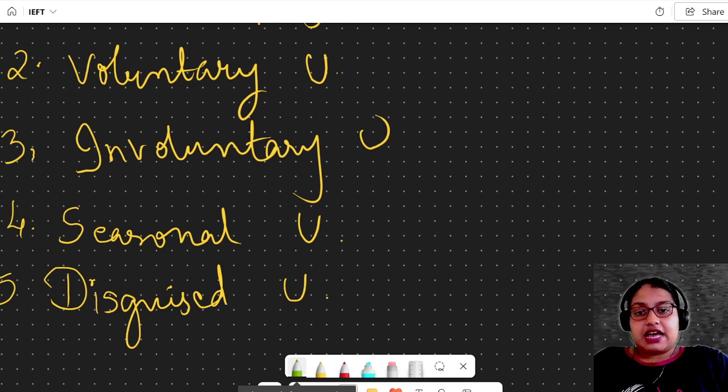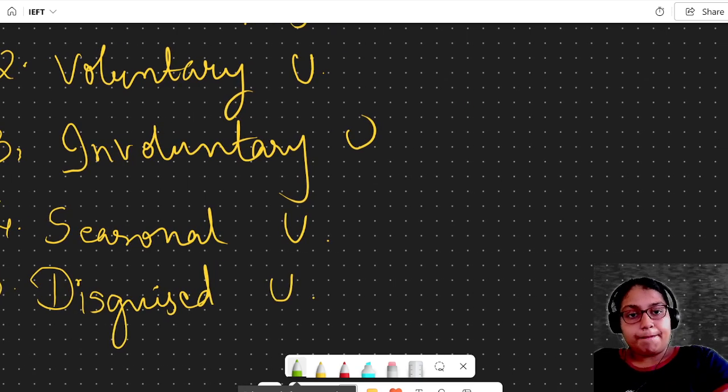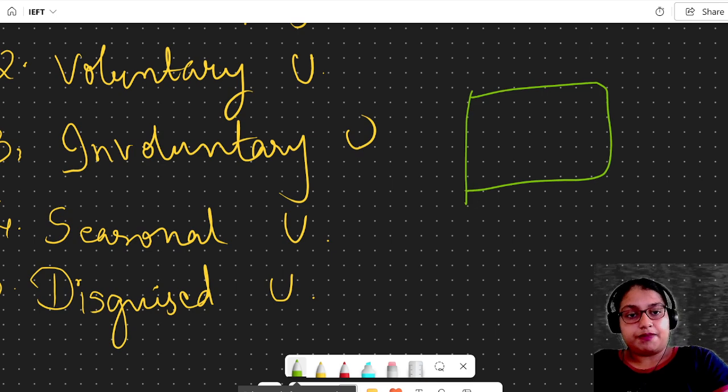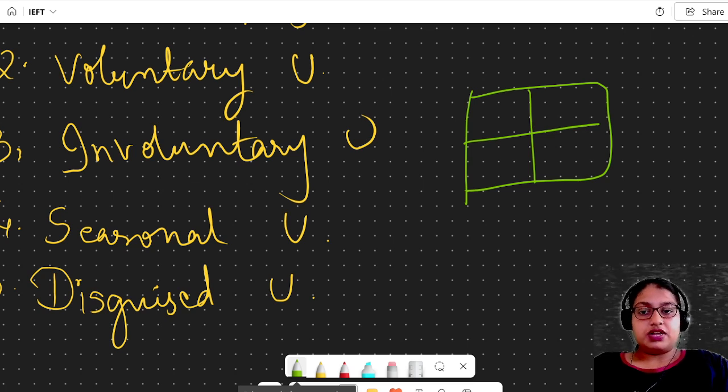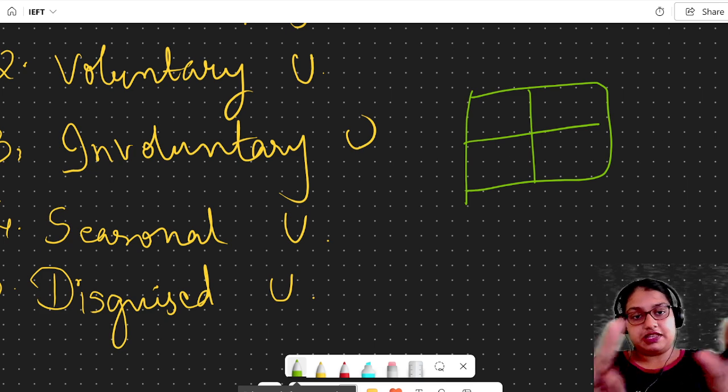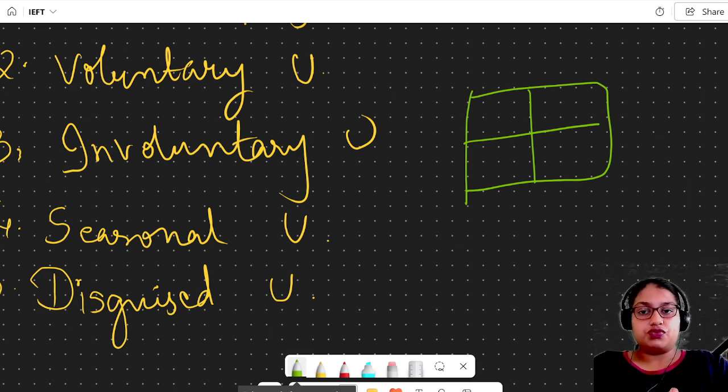See, I have a plot over here. I have divided it into 4, and there are 4 people working in this plot. I'm trying to do farming, and there are 4 farmers. I have given all 4 of them equal portions to work.